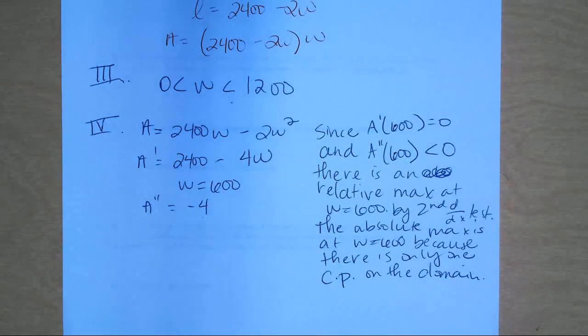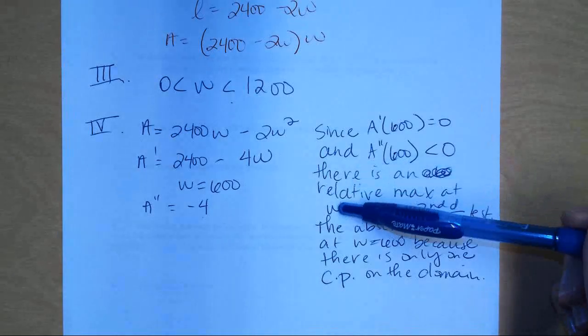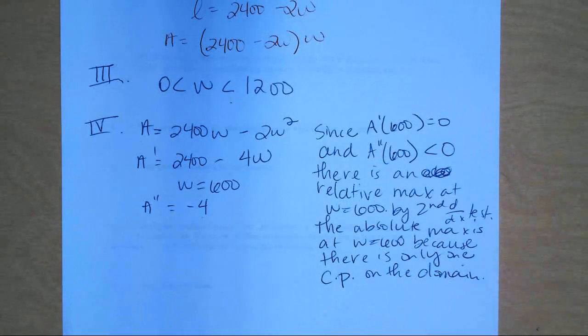So again, since the first derivative is 0 at 600 and the second derivative is negative at 600, there has to be a relative max at 600 by the second derivative test. If you use the first derivative test instead, that's fine, but in this justification you're going to have to say the derivative changes from positive to negative or negative to positive or whatever happens.